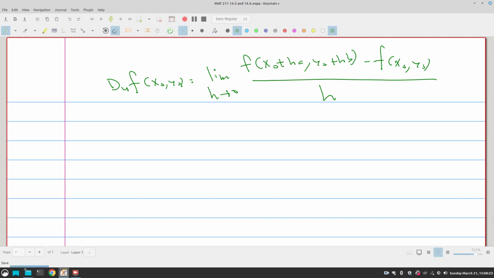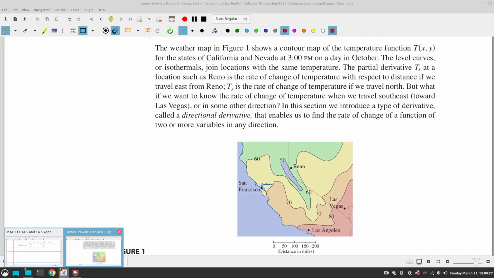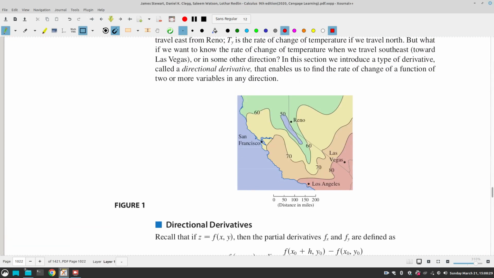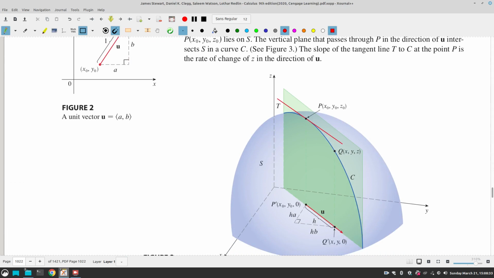So if f is a function of two variables, we can look at the geometric meaning of the directional derivative, right? So let's say you're on the surface, right?